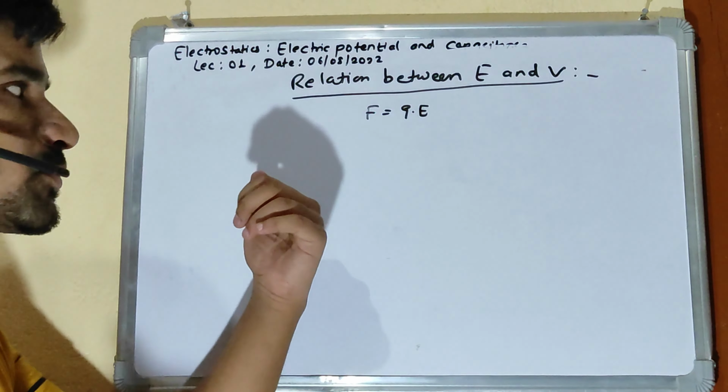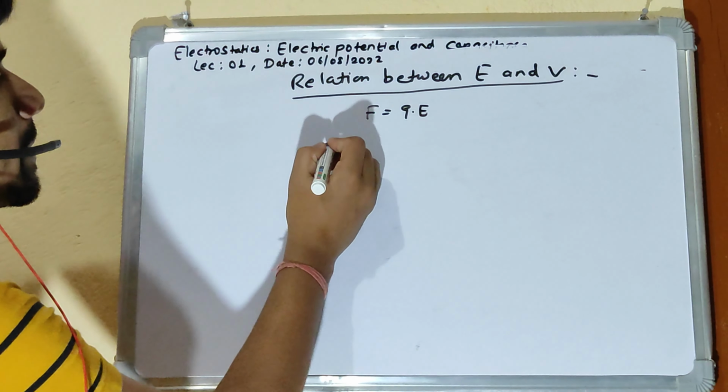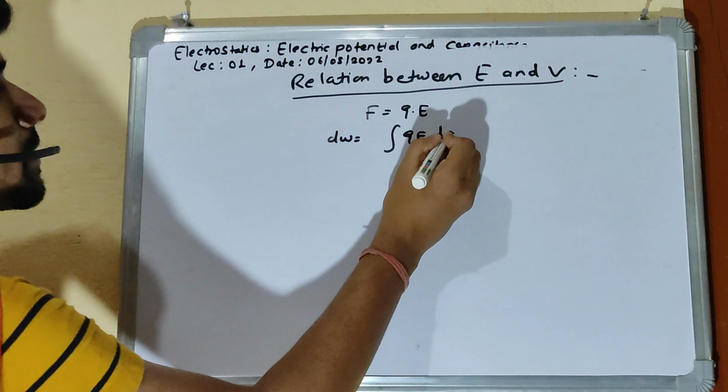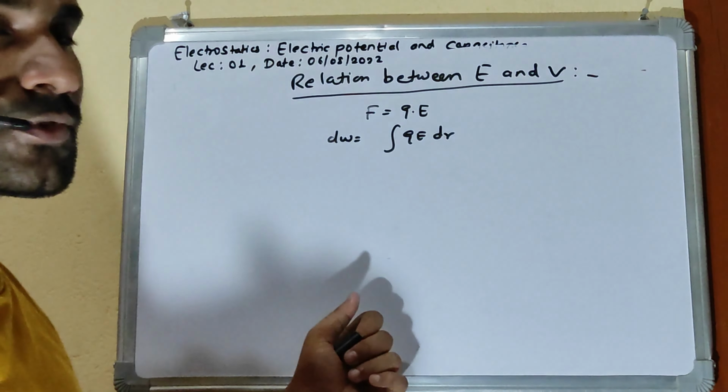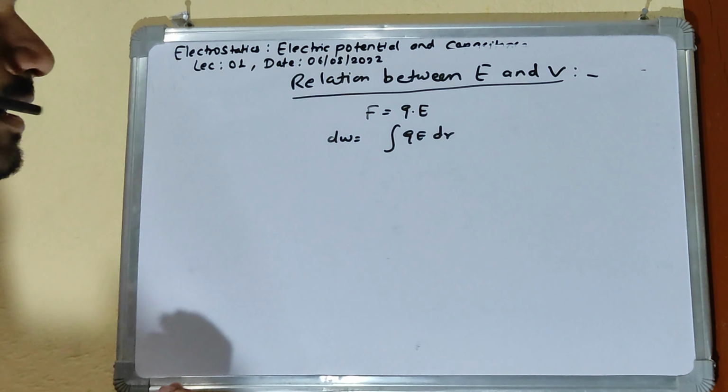What is the work done by this force in moving this charge? The work done by this force will be nothing but force into displacement, as simple as that, right?